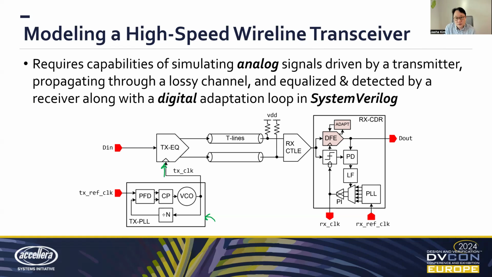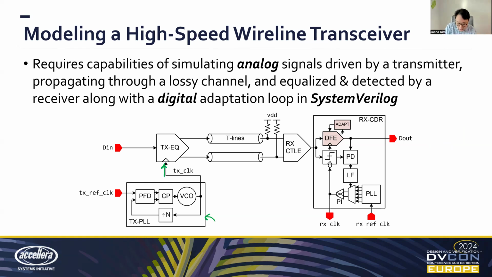Now the transmitter usually just converts the digital data into an analog signal, like ones and zeros, but it may have the additional capability of pre-equalizing the signal, for example, emphasizing some high-frequency components of the signal. In that case, the signal may not look purely digital.